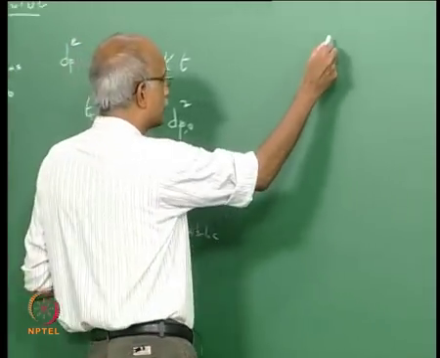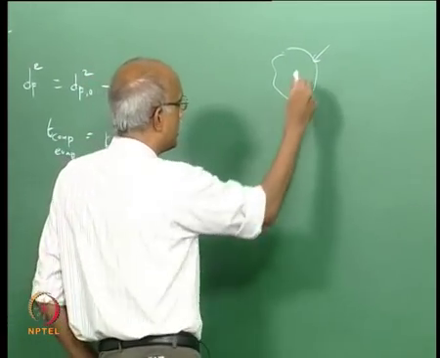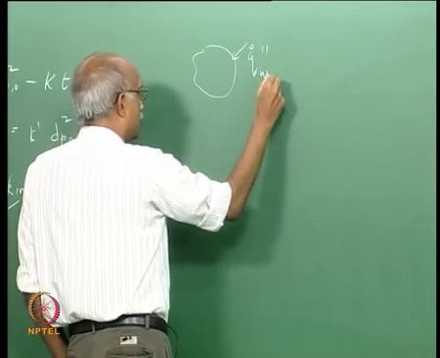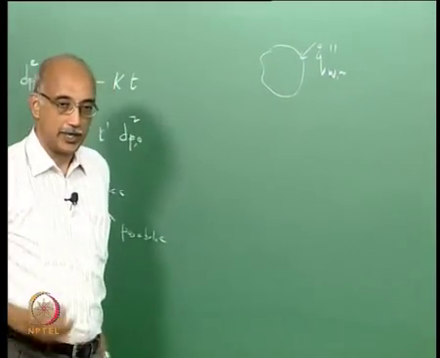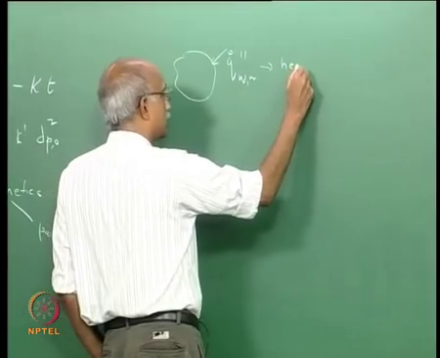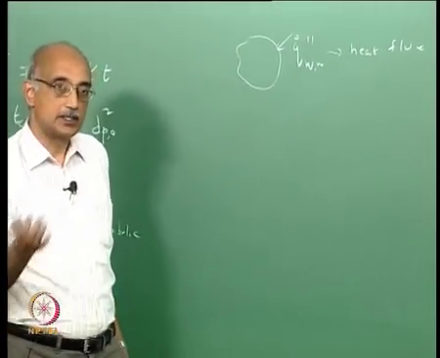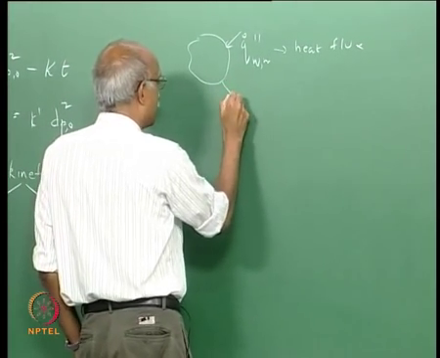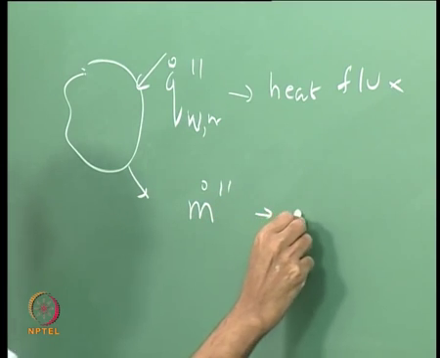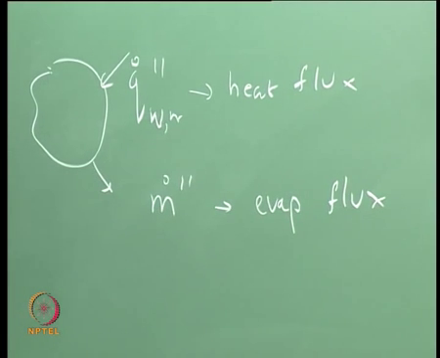So, the transport phenomenon that is involved essentially is you have heat flux q_w double prime. Let us just look at the normal direction, radially outward and inward directions. So, this is your heat flux that is being supplied to the droplet or the particle, and this causes a burning of the droplet or particle, which is represented by an m dot double prime.